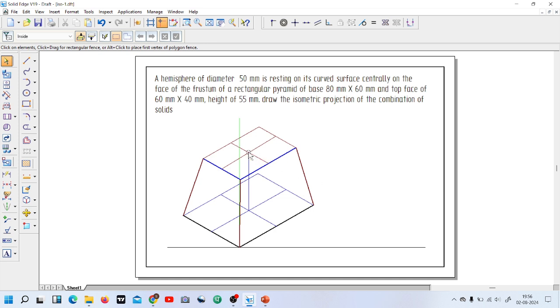Over this top surface you need to draw the hemisphere.